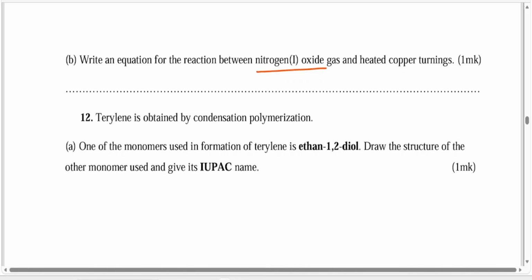So writing the equation, we have copper, which is a solid. We react it with nitrogen(I) oxide, which is a gas. And when we react these two, we obtain copper oxide, which is a solid.